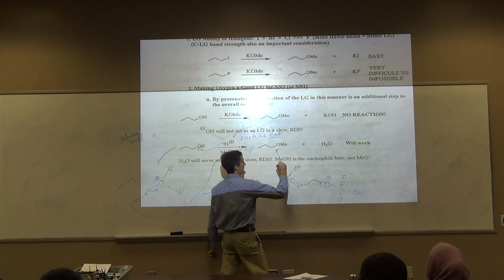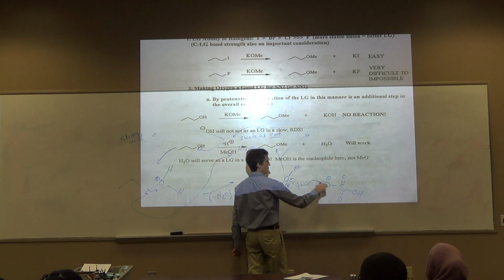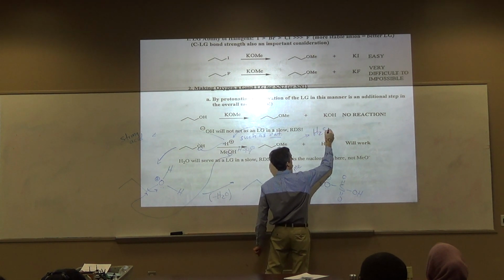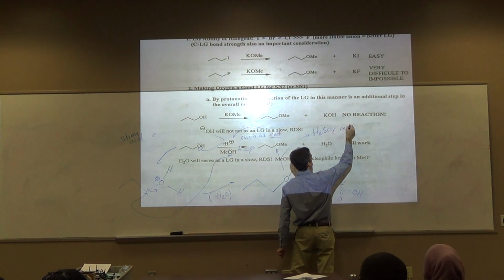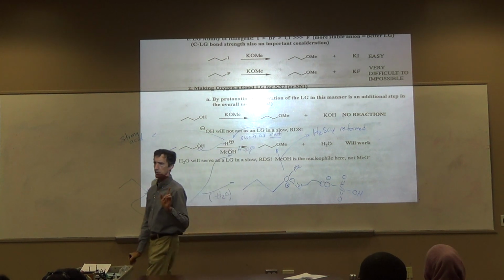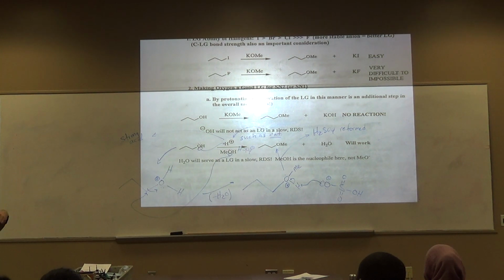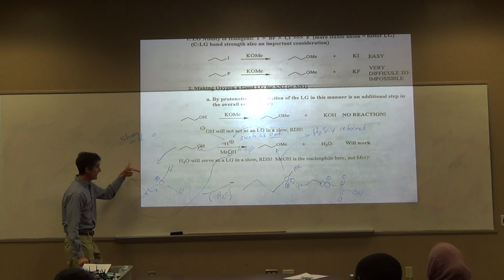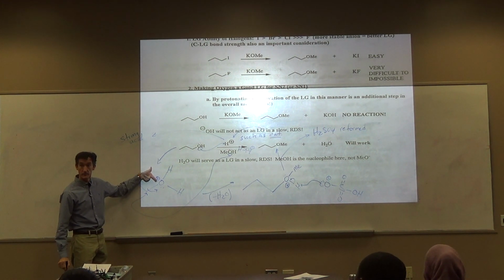But what do we reform? H2SO4 is reformed. And so in this scenario, the H plus was a what? Catalyst. It's reformed at the end. So in this example, the H plus actually is a catalyst. And how did it make the reaction easier? It made the leaving group better.